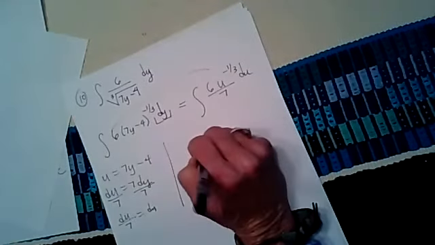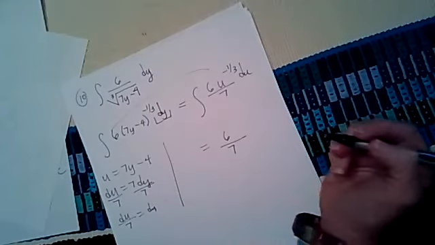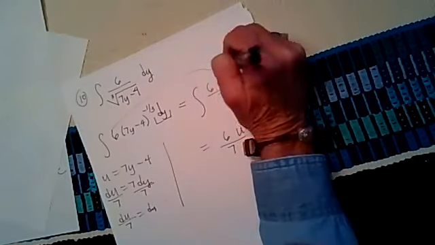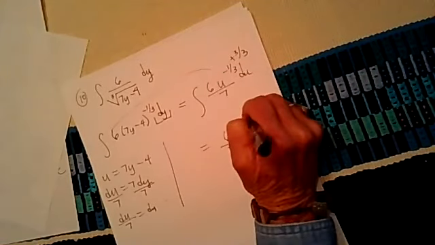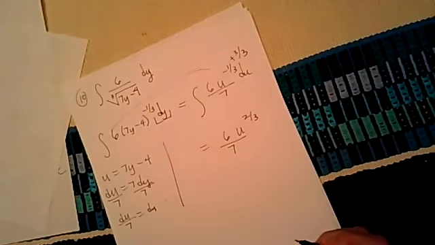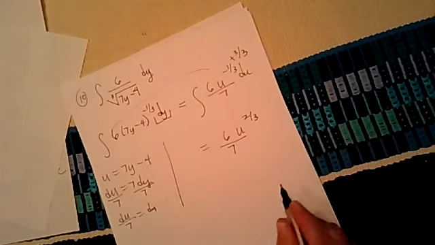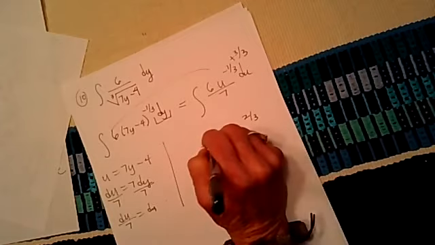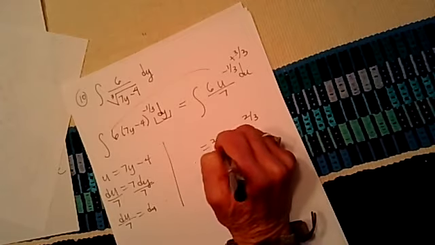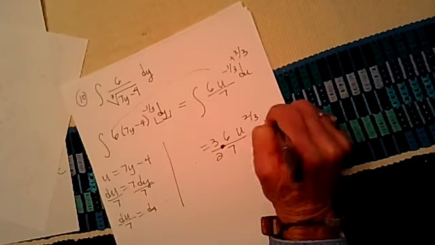So I'm going to bring my 6 over 7 and u. I'm going to add 1 to my exponent. It's 2/3. And remember, I'm going to divide by 2/3, but that gets kind of ugly. So instead of dividing by 2/3, I'm going to multiply by the reciprocal, which is what? 3/2 plus c.